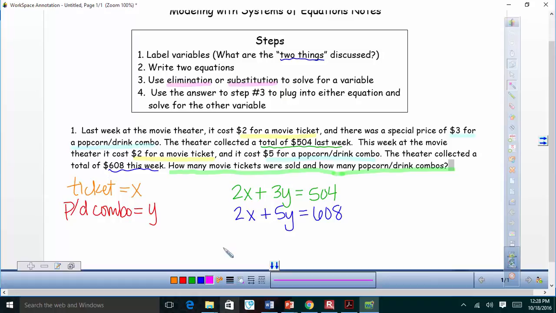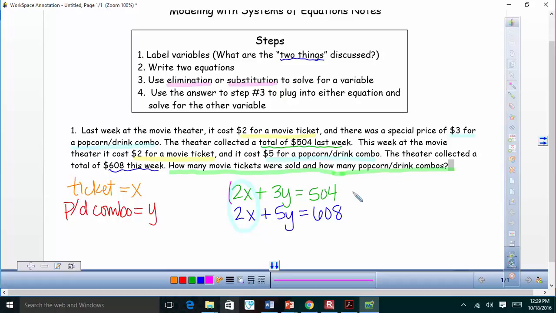So do we have same number, opposite sign? No. Do we have same number? Yes. Okay? So our x's both have a 2. Now, how can I make one of them have an opposite sign? Multiply it by -1. So does it matter if I multiply the first or the last? No. Which one do you want to do?